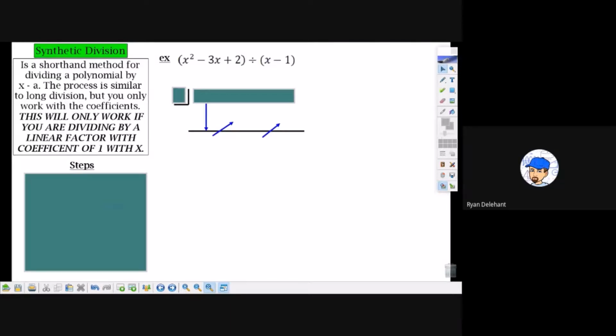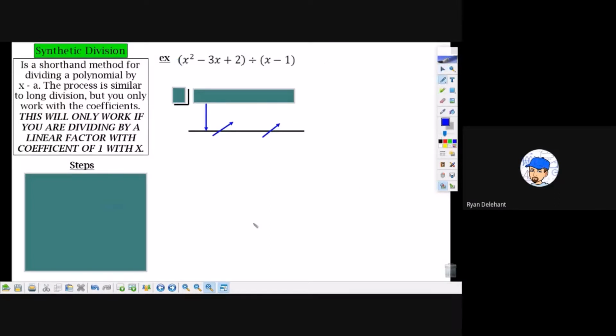Now, I have an exception with that, okay? There's something you can do to the answer to make it so you can do ones that don't have 1 in front of the x, but we'll talk about that after we get through the basic ones, okay? So steps.